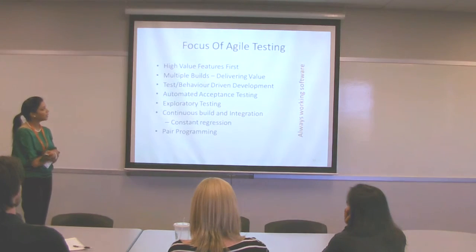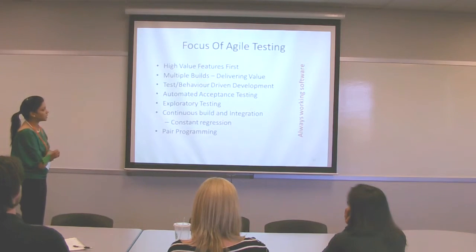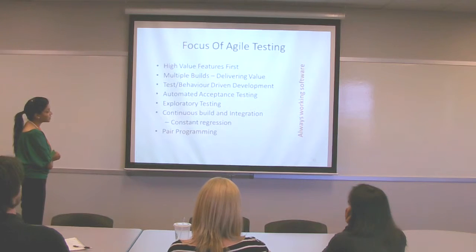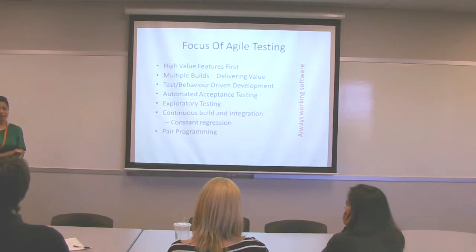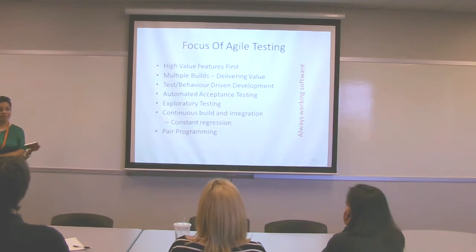Let's move on. Focus of Agile testing: high value features first. So when there is backlog prioritization going on, it is very important that we understand what are high value features.